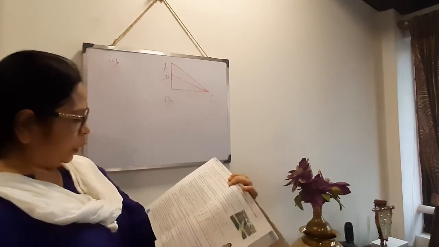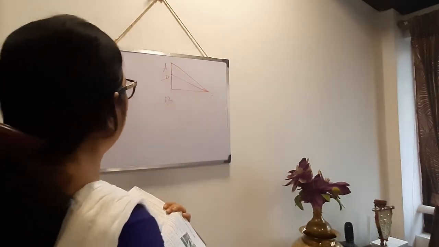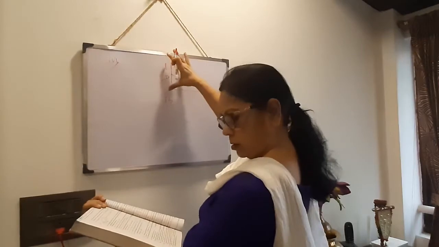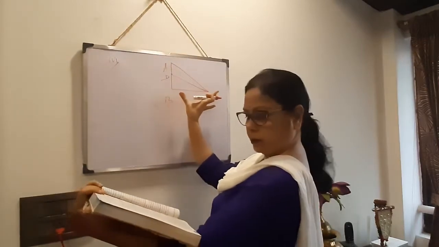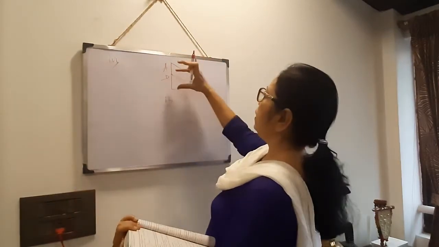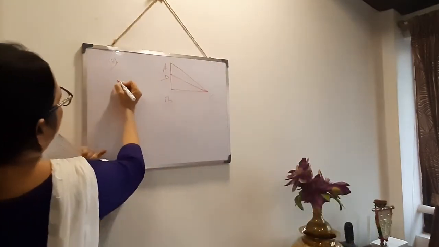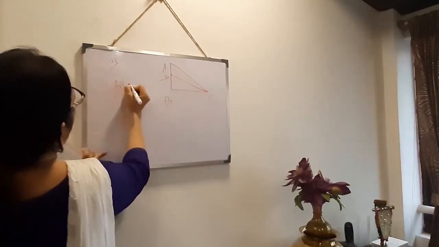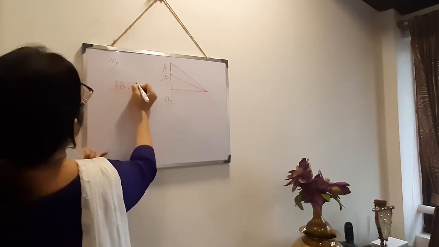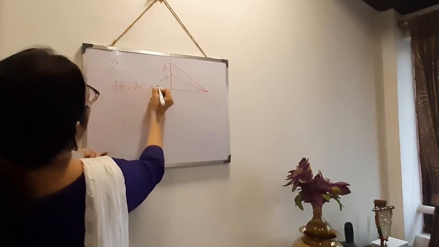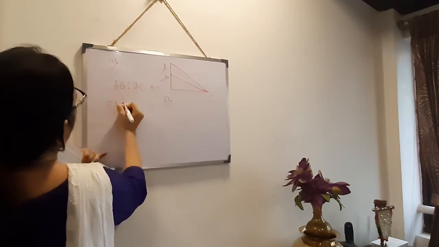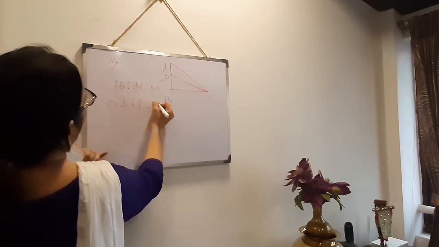Now ratio of this is given. AB is to BC is to BD. It is given, that means ratio is given. It is given root over 3 is to 1 is to 1.